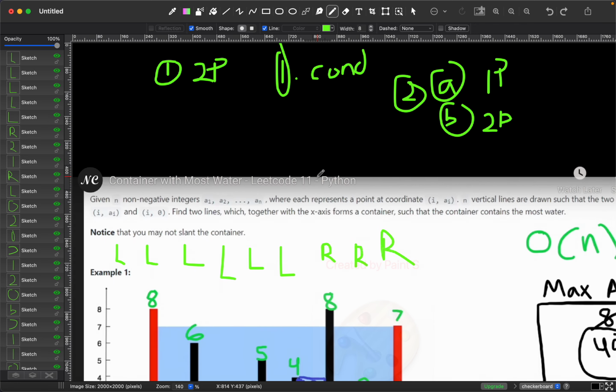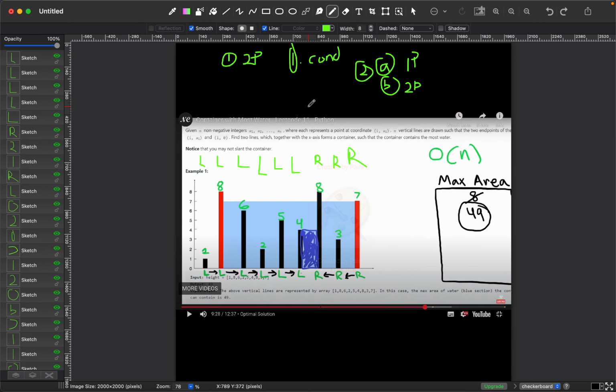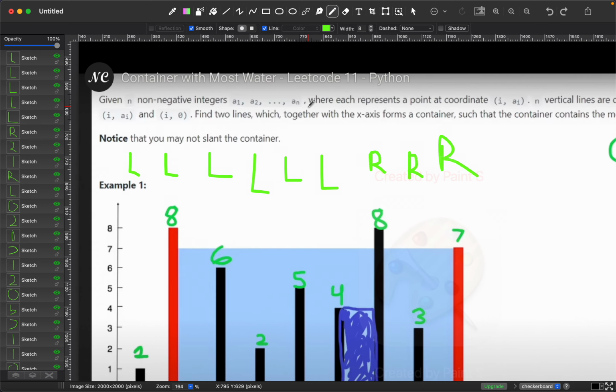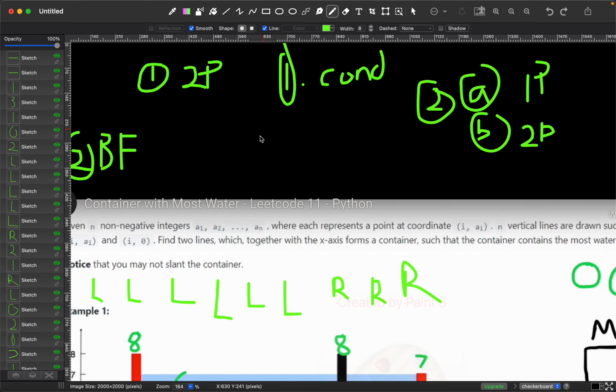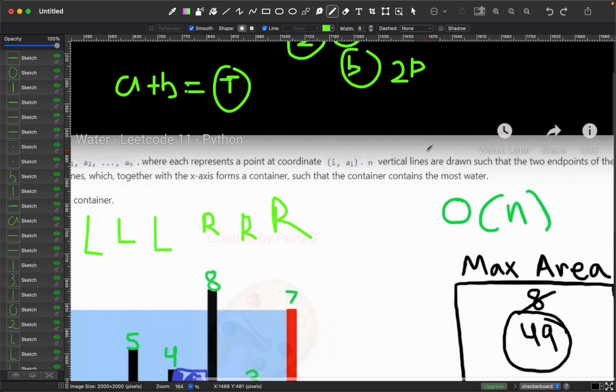And of course, you can do two pointer for this too, because fundamentally what we are talking about is having a plus b equals some sort of imaginary target value, which for this very case is the max area.